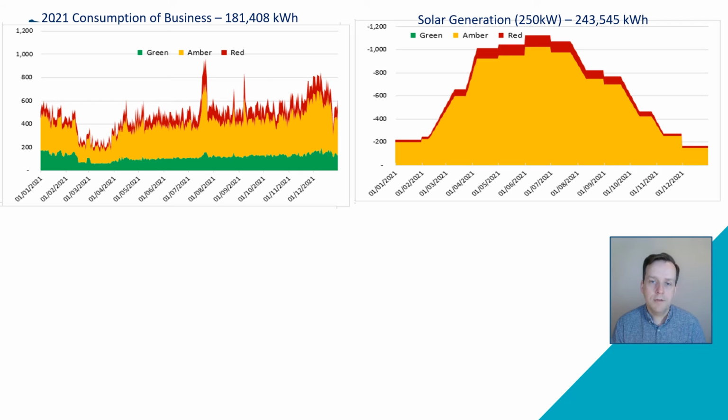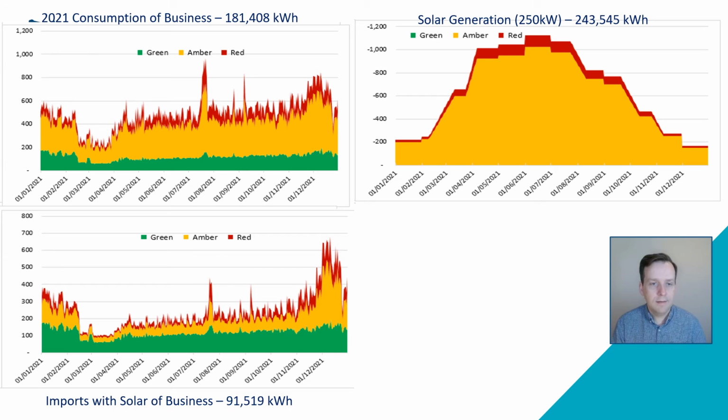But also we have some red generation, which is good because bear in mind that the cost of electricity during the red period can be twice as much for this particular charge as the amber period. So any solar generation in the red is excellent or very good. That's what you want to see, really.